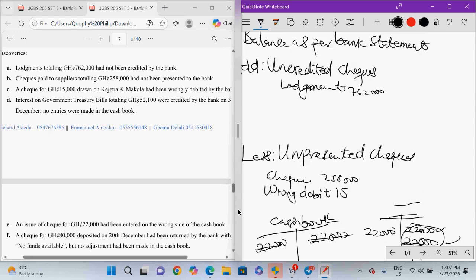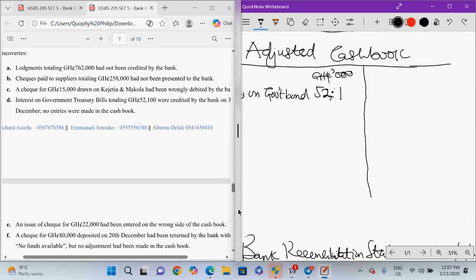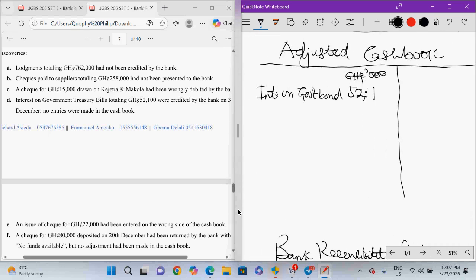So we will do that. Let's go to the cash book. In the cash book, we don't even know where the balance brought down will be, whether it will be at the debit side or at the credit side. So I think we have to leave a space for that.